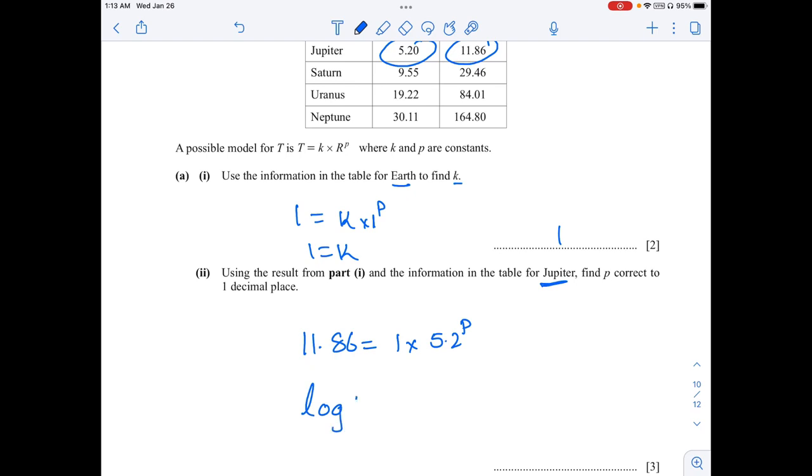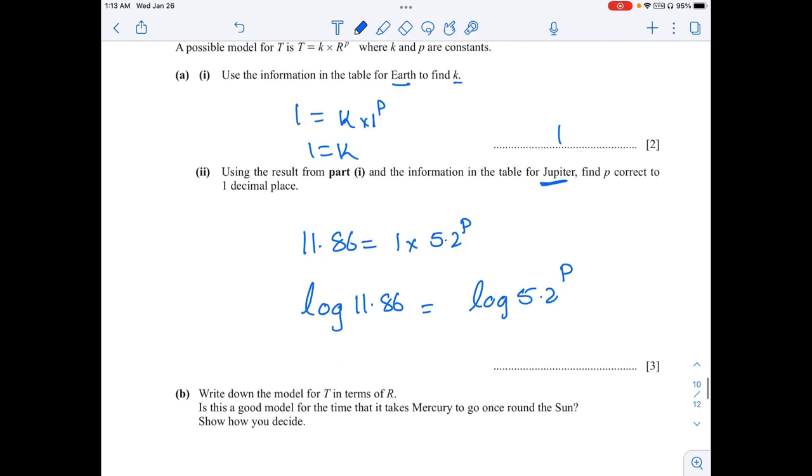So log 11.86 is equal to p log 5.2. So p is equal to log 11.86 divided by log 5.2. Doing it by calculator, it should give you the answer 1.5.